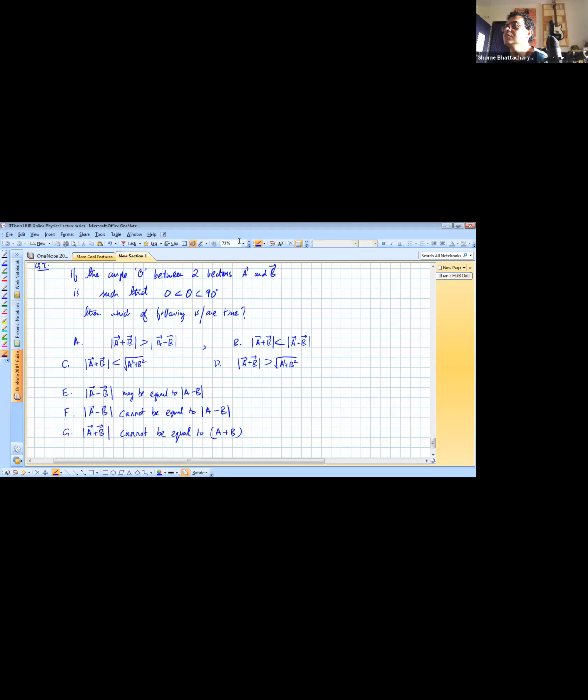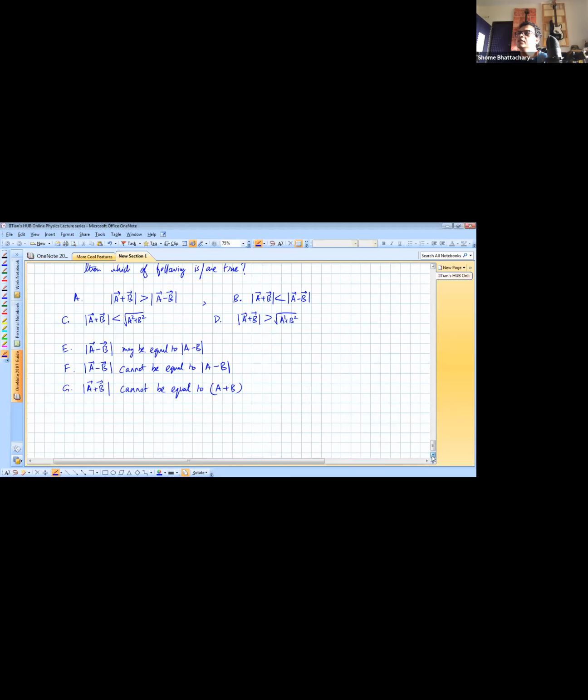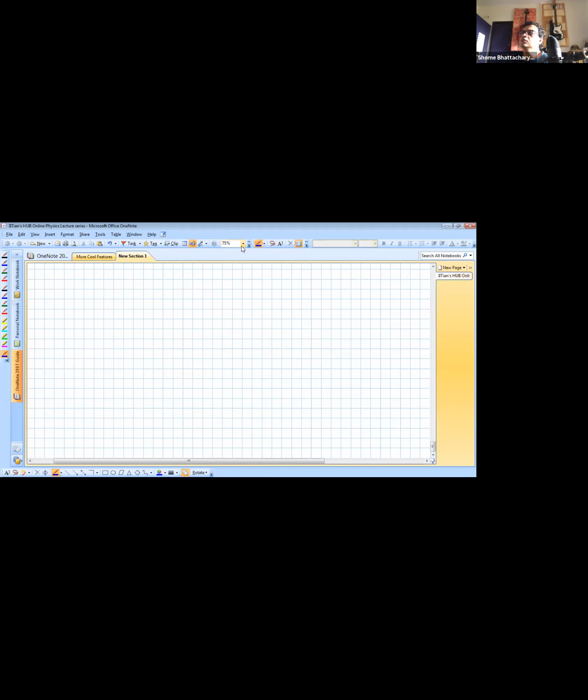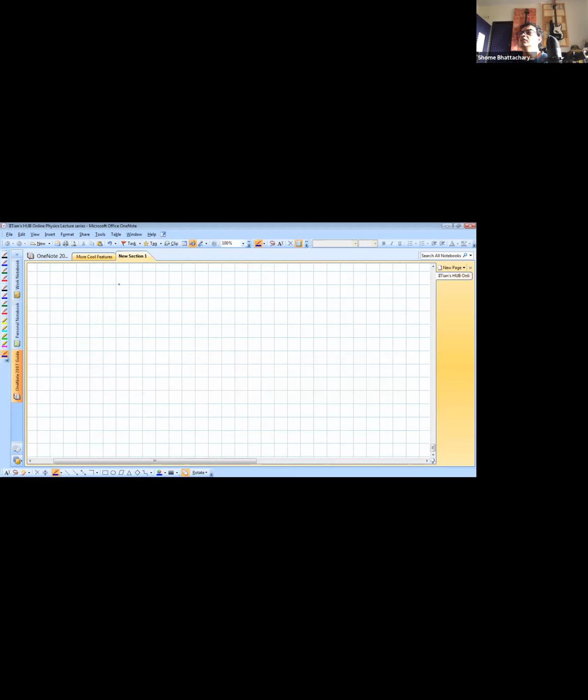Okay, so this kind of question can get a little confusing initially. Till you get used to doing these inequalities, just start with the language of the question about theta. Given that theta is greater than but not equal to 0 and less than but not equal to 90 degrees, what can we say about cos theta?